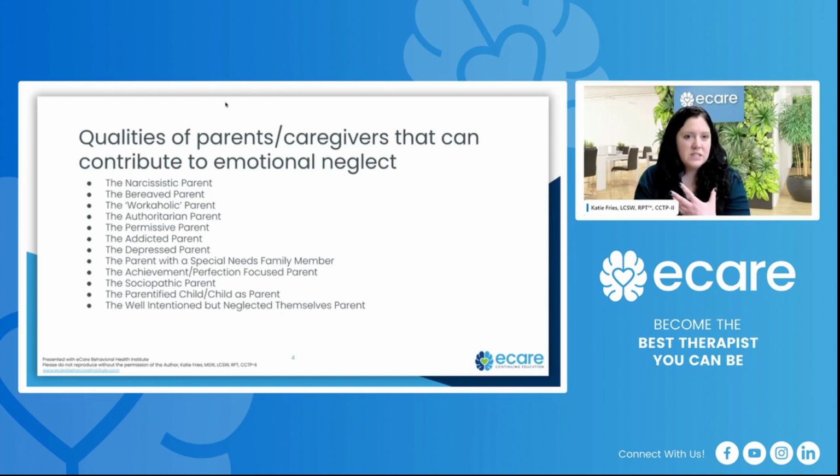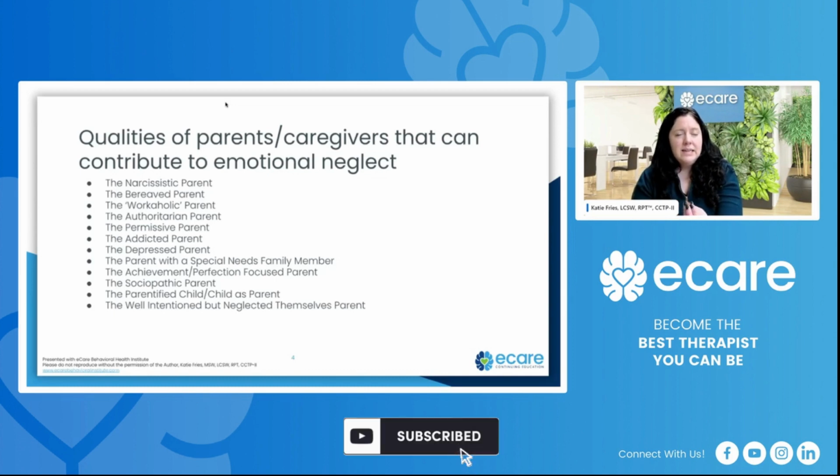So again, narcissism is often what we think of as parents who are very focused on themselves. And this can be parents who are really aggressive and harsh in their focus on themselves. Or this can also be parents who are more subtle or subdued and might not necessarily be loud or aggressively angry, but who on a subtle or insidious level are still focused on themselves rather than on their child.